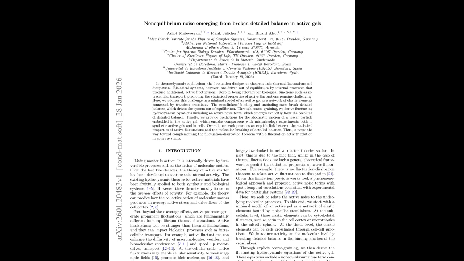In conclusion, this study elucidates how non-equilibrium noise and active fluctuations emerge in active gels as a direct consequence of broken detailed balance at the molecular level. By modeling the cytoskeleton-inspired gel as a network of elastic filaments connected by transient molecular motors characterized by mesoscopic strain and orientation, the authors connect microscopic binding kinetics with macroscopic mechanical stress and fluctuations.